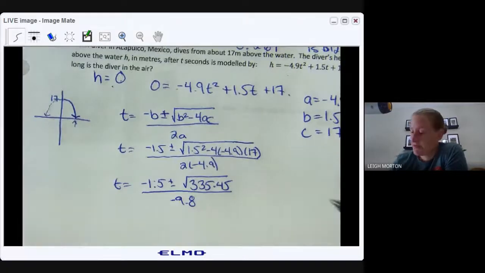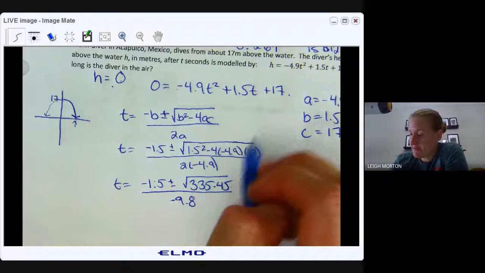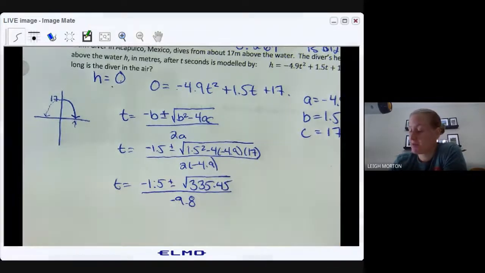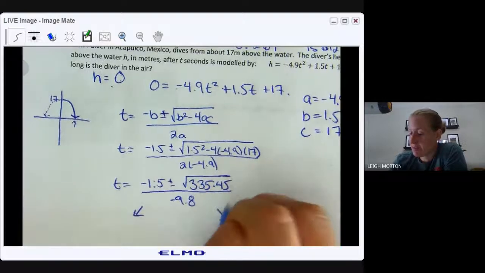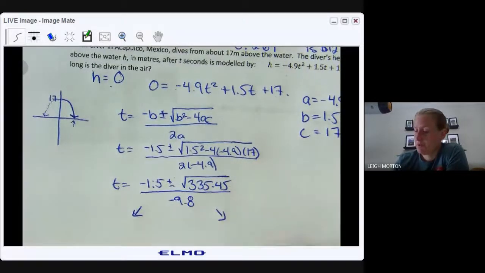I get to this point, I've solved my discriminant. It is positive. That's good. I know there's going to be 2 zeros. And here's where it's going to branch off because of this plus minus piece, right?